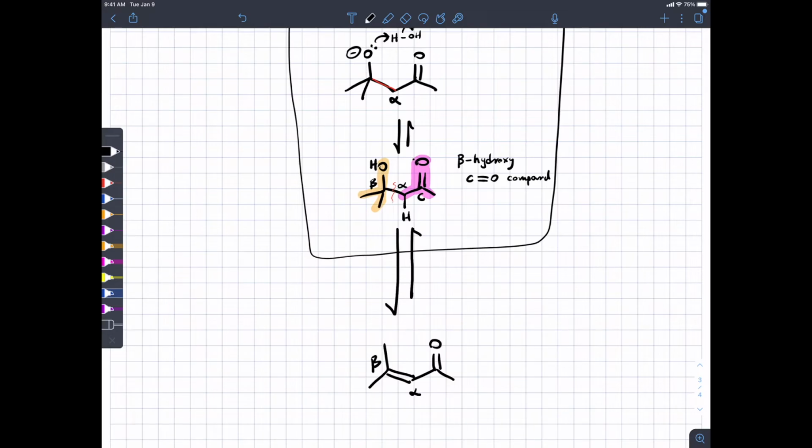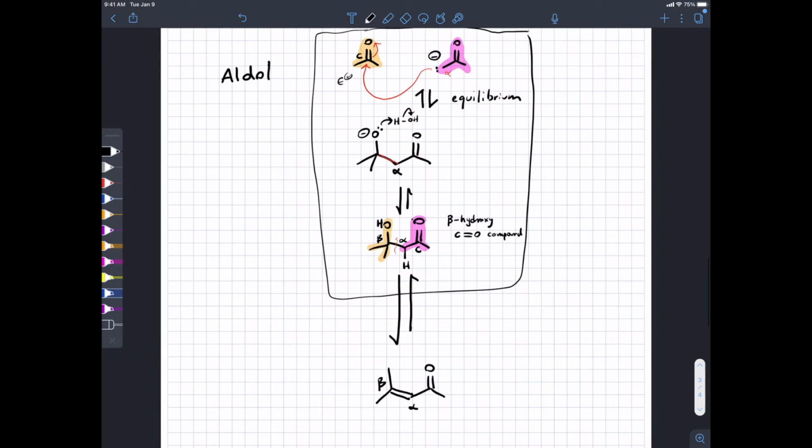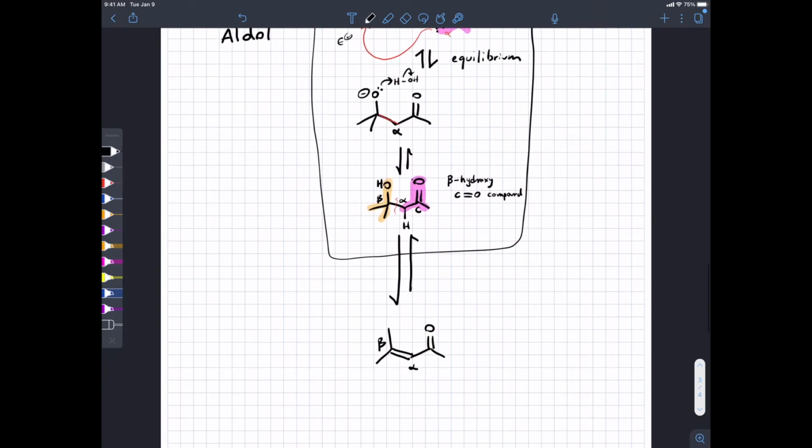Your text doesn't really give a rhyme or reason for when you'll see one versus the other, in part because this is an equilibrium reaction, so you just observe the most stable product, and that can vary. It's thought that if there were other groups here that had double bonds that could be conjugated to the carbonyl via this pi bond between alpha and beta carbons, you might favor this alpha-beta unsaturated carbonyl compound as the product of the aldol reaction.